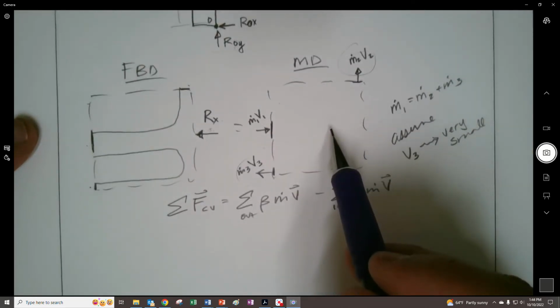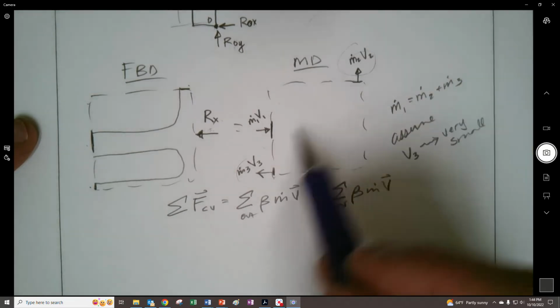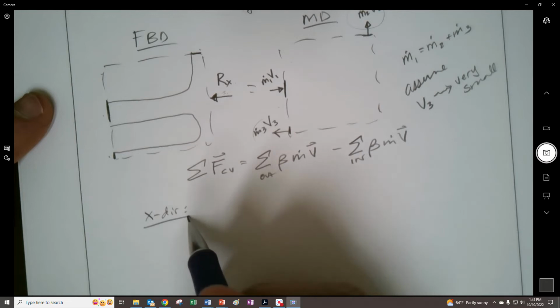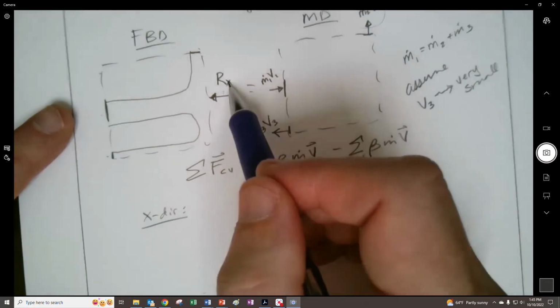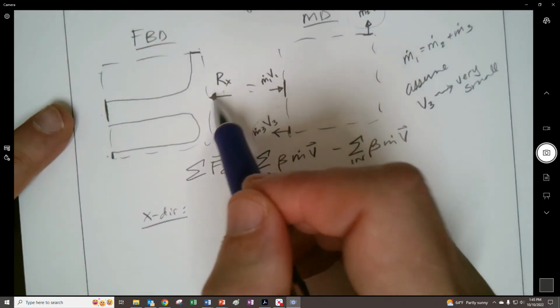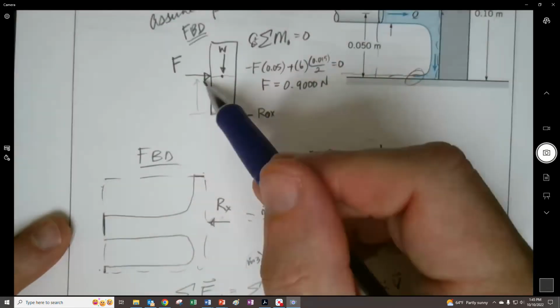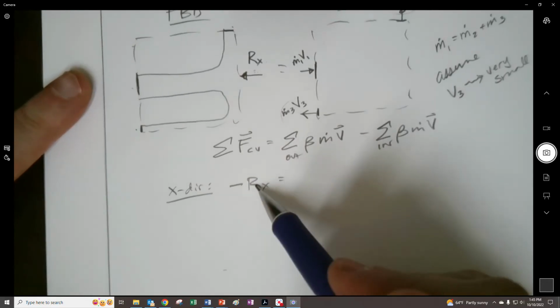So in the x direction is the only one that we're really going to care about. Notably, we already decided that's going to be negative. We've just decided that must be, right? Because we know it's opposite of this, and we know it's going to be equal to that.